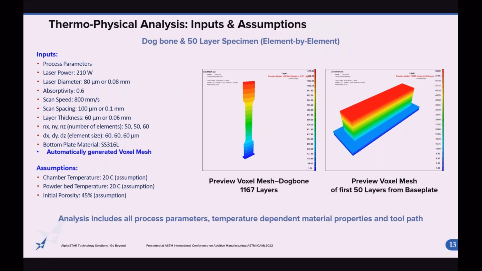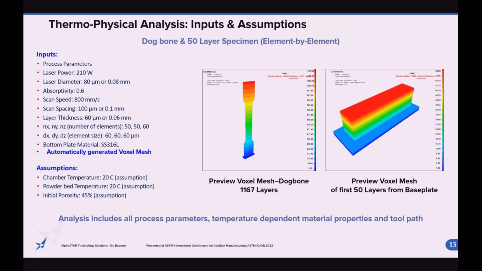Now, our overall thermo-physical analysis and the input assumptions that go along with that: in this case, we utilized the dog bone, first the overall dog bone, which had a fixed computational time for analysis, and then an overall quick analysis based on the first 50 layers of the specimen. The bulk of the work that you'll see today is based on that initial 50 layer assessment, but the continued research will take on the full dog bone analysis as we move along with this research product.